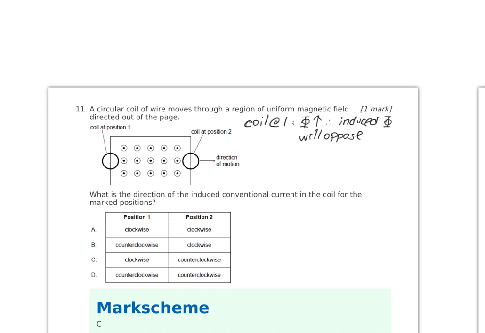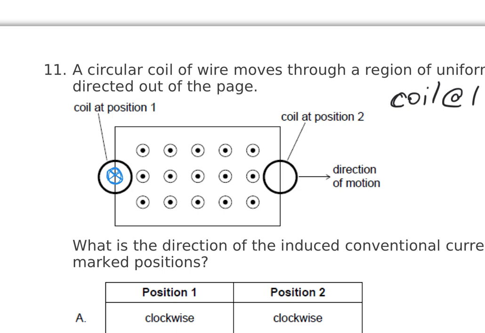The field that the loop is entering is coming up out of the page, so the induced current will make a field that will oppose that field coming out of the page to make a field going into the page. If it's going to make a field going into the page, that's going to get me a clockwise current.